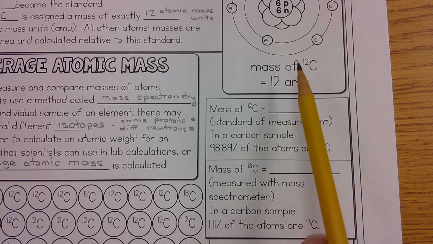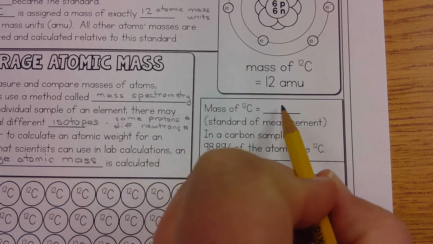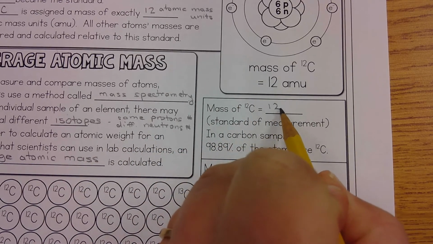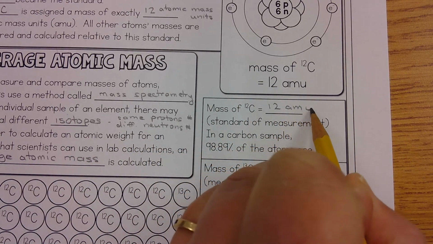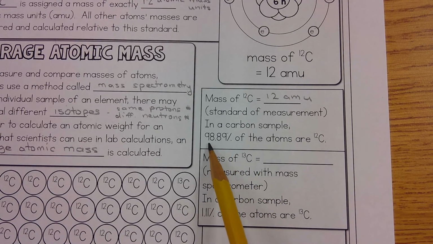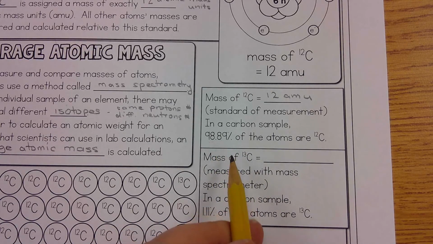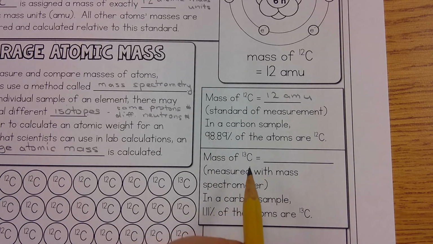Like we said before, carbon was used as the standard. The mass of carbon 12 is 12 AMU, or atomic mass units. If we look at a sample of carbon, 98.89% of the atoms are carbon 12. So the parts that are carbon 13 and 14 are minuscule, just a little bit more than 1%.